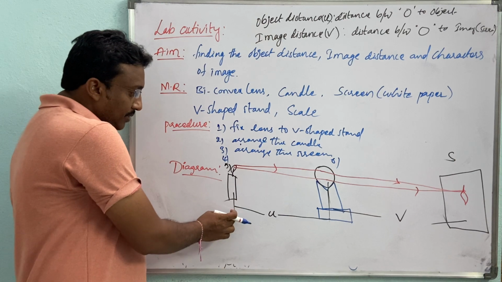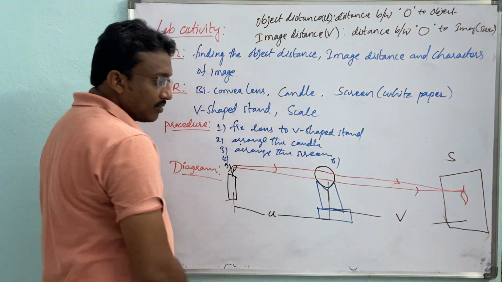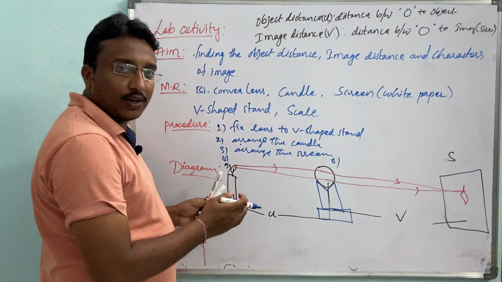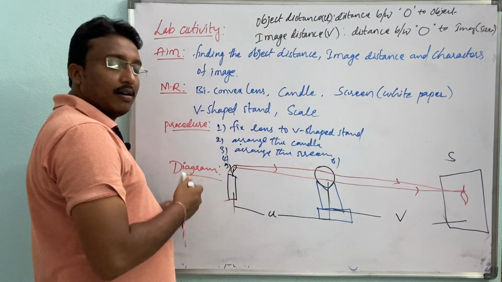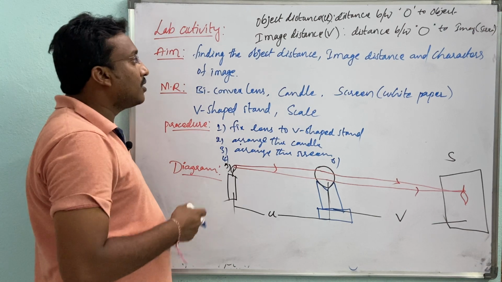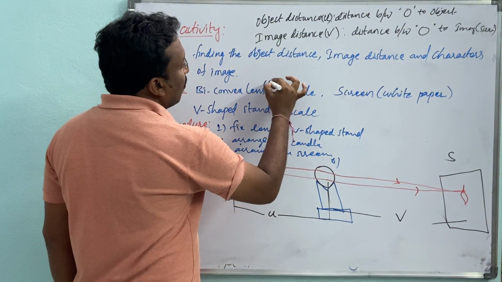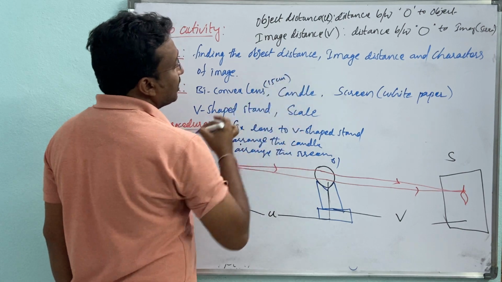Once I kept it here, sometimes we have to keep it between the center of curvature and focus. Sometimes you have to keep it beyond the center of curvature. Here we will take a convex lens with known focal length, for example 15 centimeters.